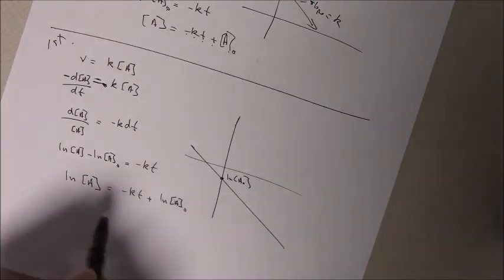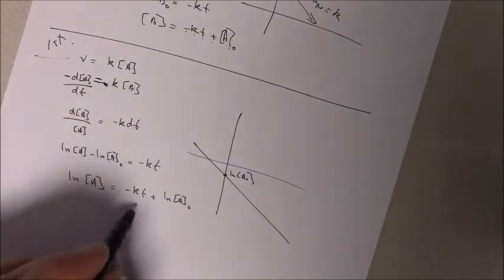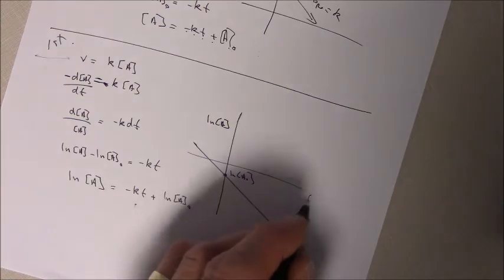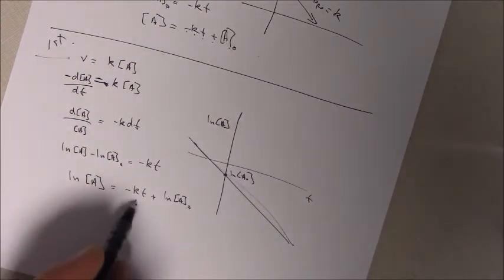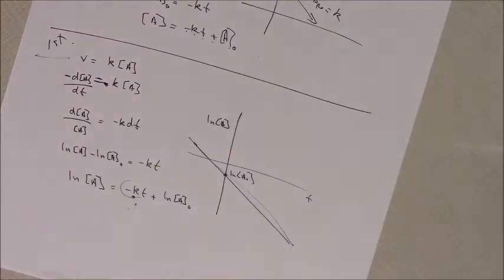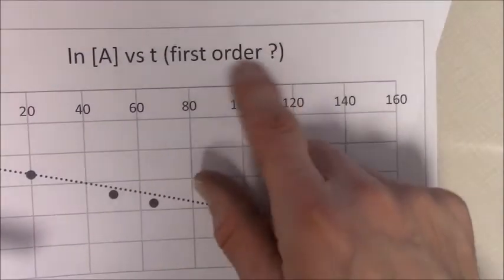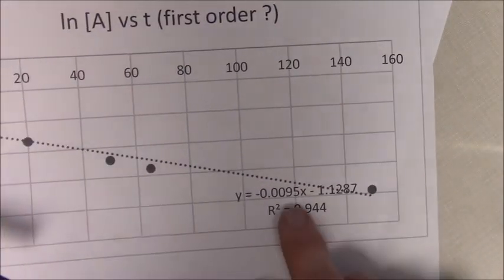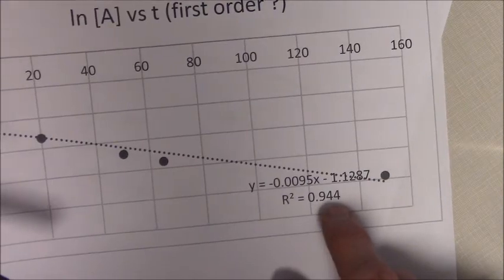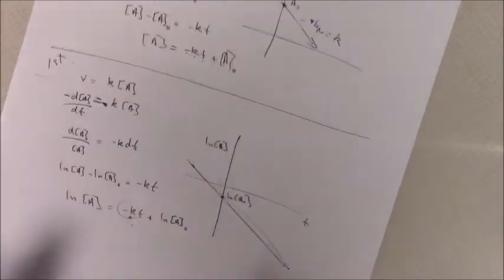If first order kinetics is being followed and you plot ln of A versus time, you should get a straight line like this, and the slope will be k. So what does it look like when I plotted ln of A versus t? Is this first order? Clearly it is not. It is not a very good fit at all. 0.944, no good. So it's not first order. That's not working.